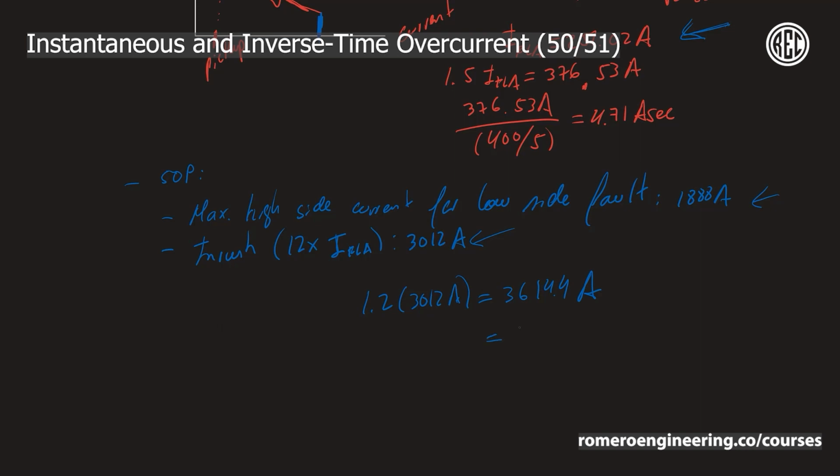So in secondary amps, that's 3614.4 divided by 400 to 5, which is 80, giving us 45.2 amps secondary. So our instantaneous overcurrent element pickup, then, we're going to set at this number, 45.2 amps.